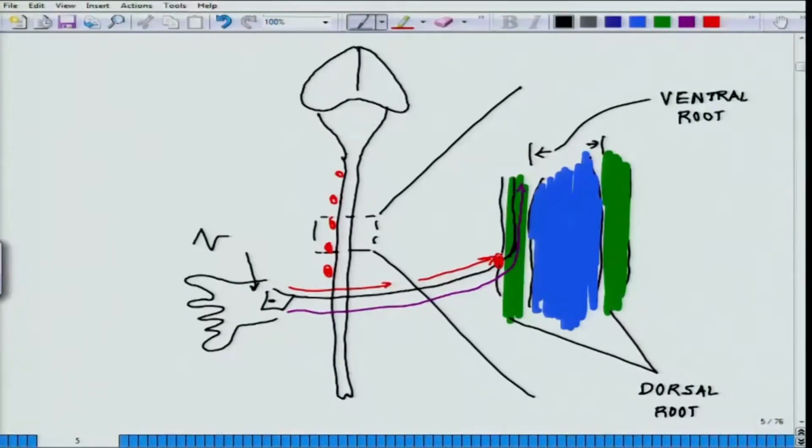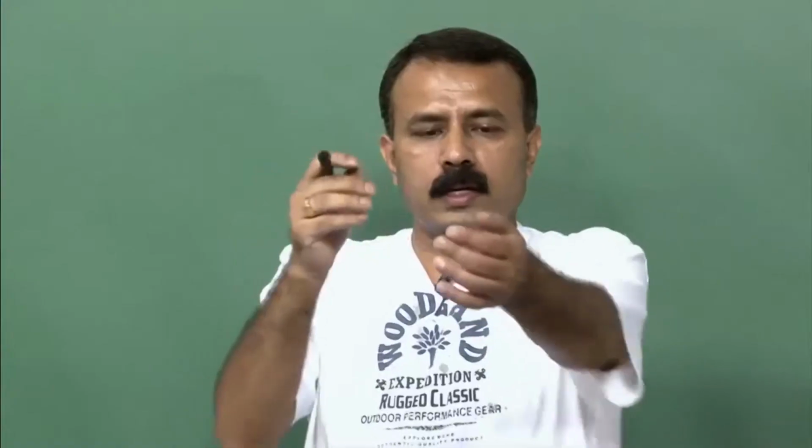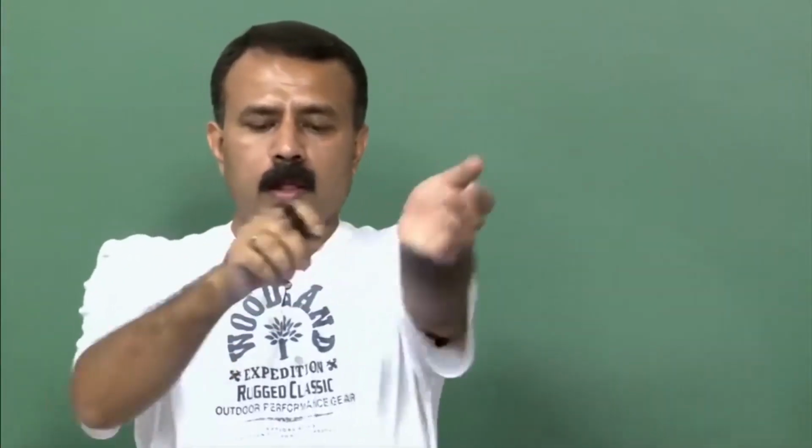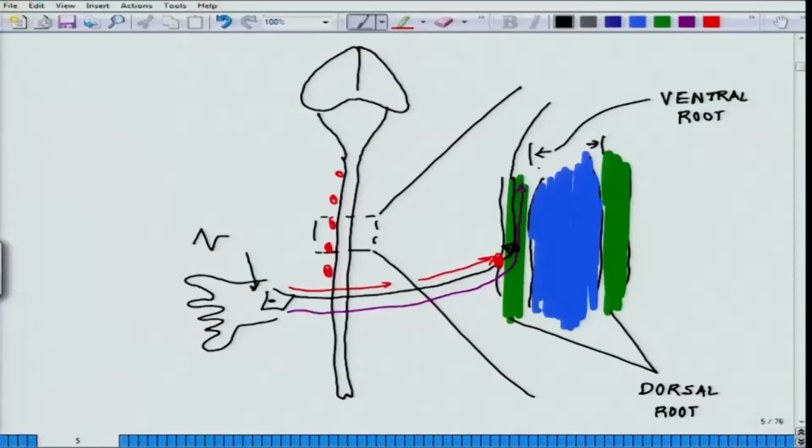There are two options. This neuron may transfer the signal to another set of neurons, and this will take it to the brain, telling the brain that someone has hit you out here. So, this information goes all the way. Follow this signal. This is going all the way to the brain.